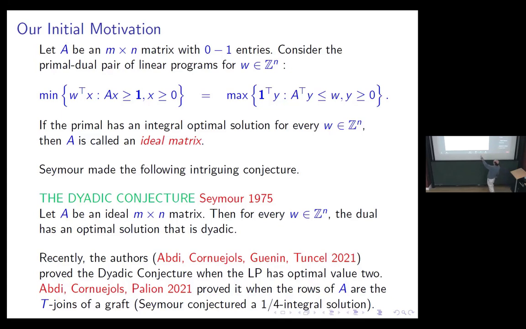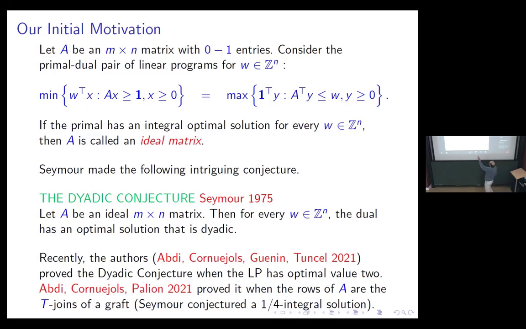So for every integral w, this fractional packing problem. So the primal is integral, and w is integral, so the objective value here is an integer. But of course, in general, the dual will have a fractional optimum solution.